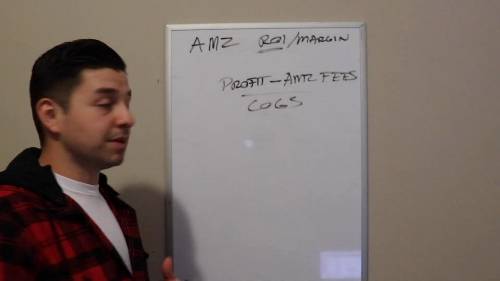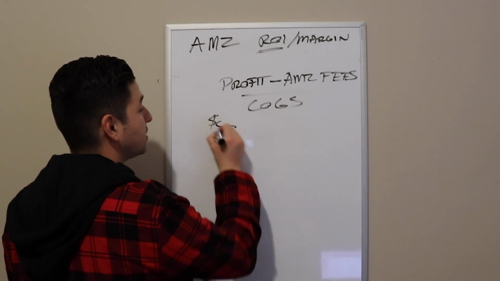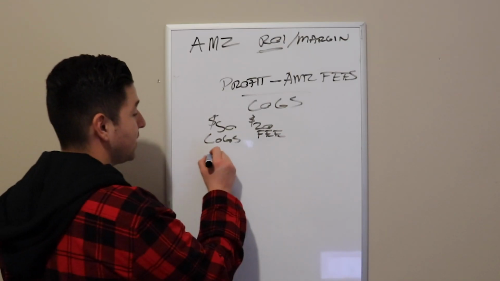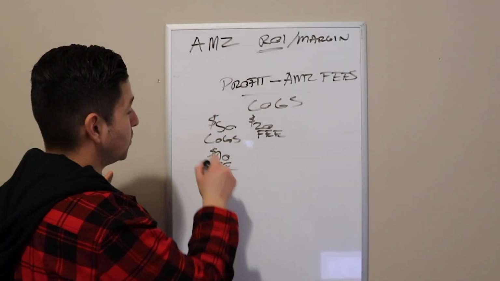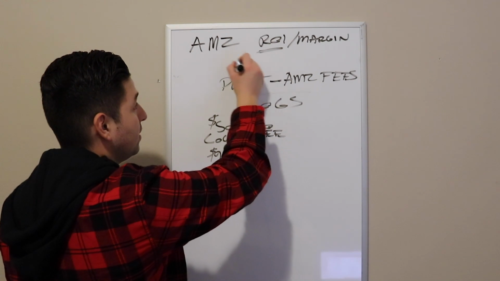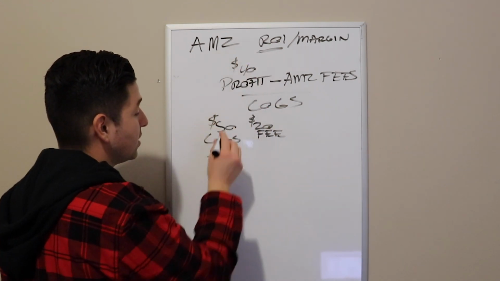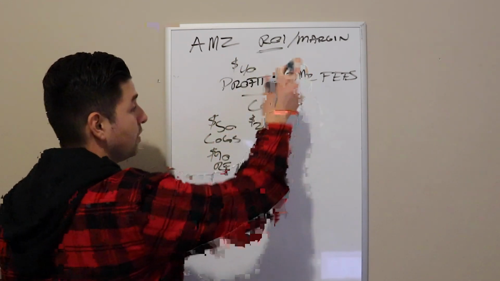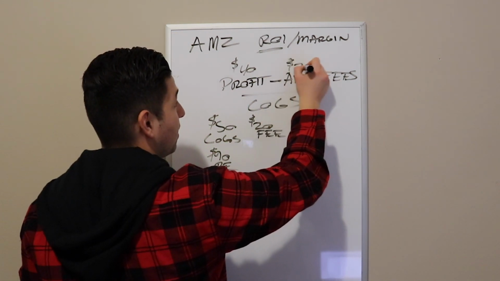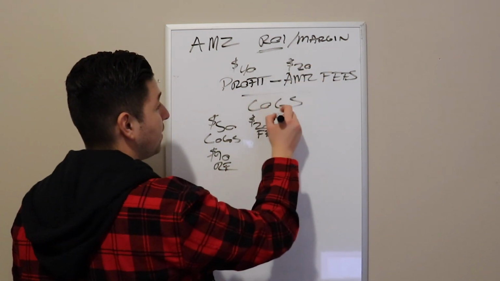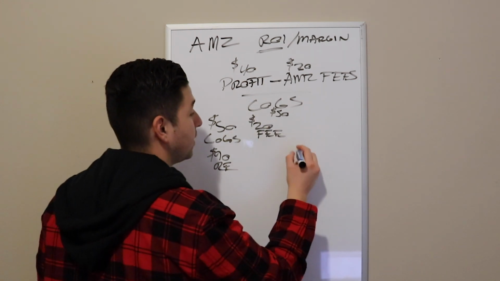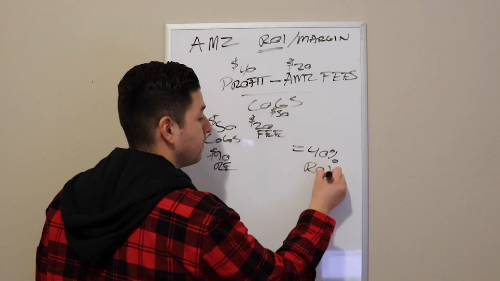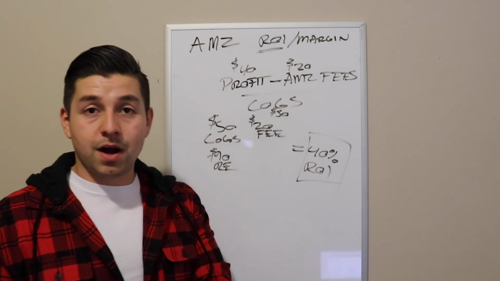So if we use the same exact numbers, $50 cost of goods sold, and our revenue is $90 like last time, then we would just plug these numbers in here, which would leave us with $40 here. That's our profit from our cost of goods and our revenue. We put the $20 here for the Amazon fees, and then we divide by our 50. So that'd be $20 divided by 50, which would leave us with a 40% ROI. Okay, so that's the key difference in ROI and margin.